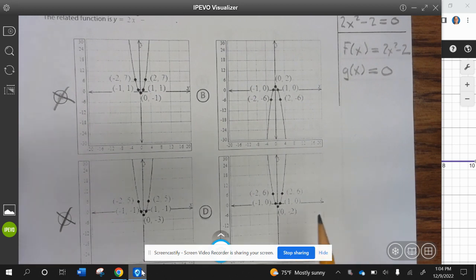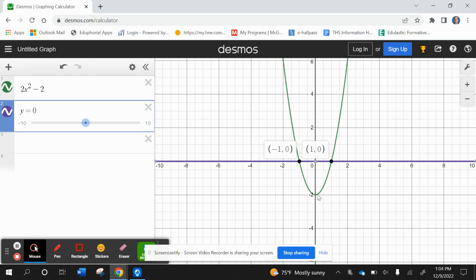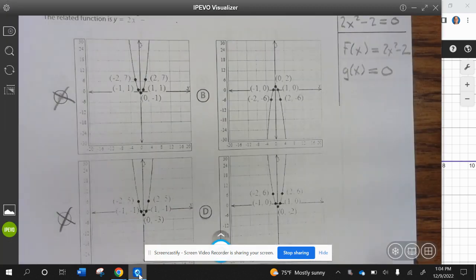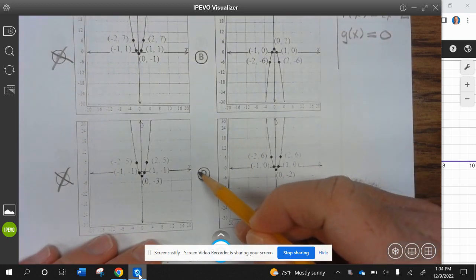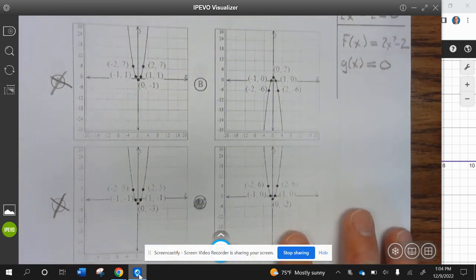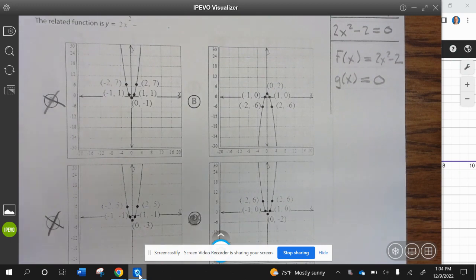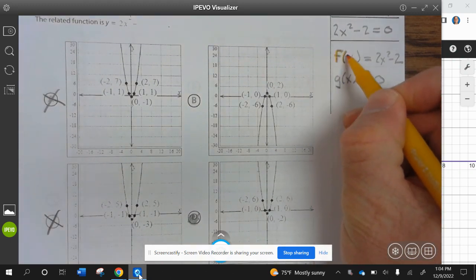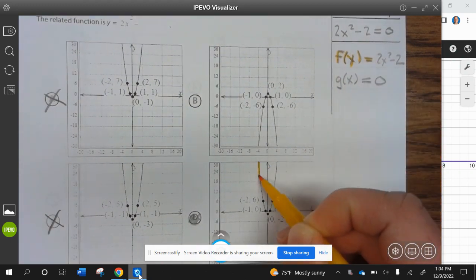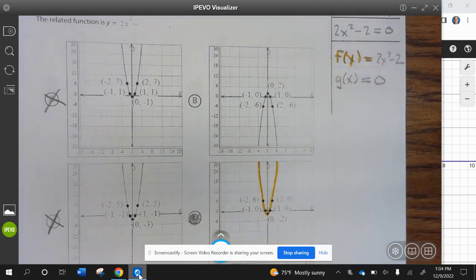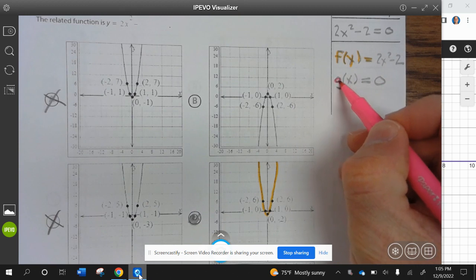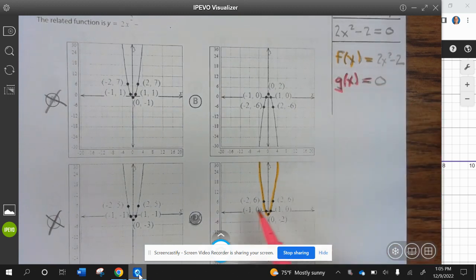This is okay. So now we need to figure out the y-intercept, 0, negative 1 or 0, negative 2. So we go right here. It's 0, negative 2. So the answer is D. So f of x is this right here, and g of x is right here.